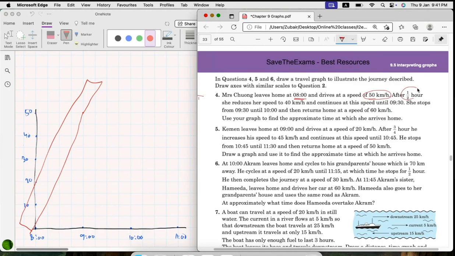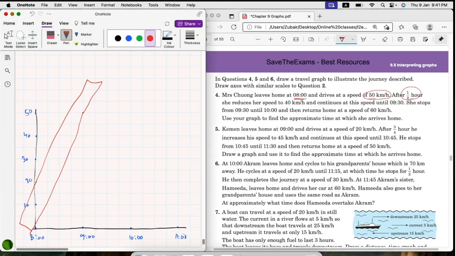It says after half an hour she reduces the speed, so I will stop at half an hour, 8:30. Then I'll remove the scale. Or else I can also see that it is 50 kilometers per hour, so in half an hour it would be 25 kilometers. You can also mark the point at 25 and then draw.